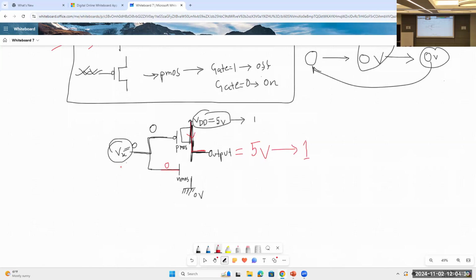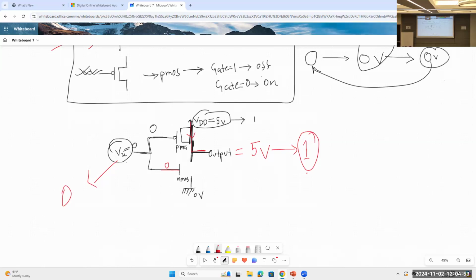So what is the summary of this operation? If we input logical 0, we are getting 1 in the output. Isn't it like a NOT gate? I mean inverter. If we input 0, we get a 1. But we have not proved it yet.